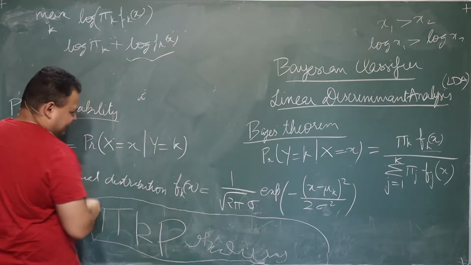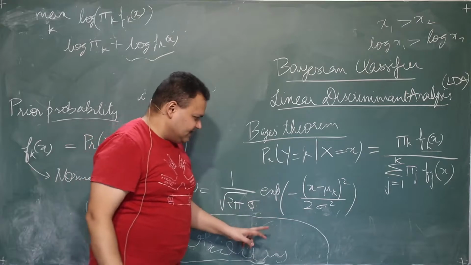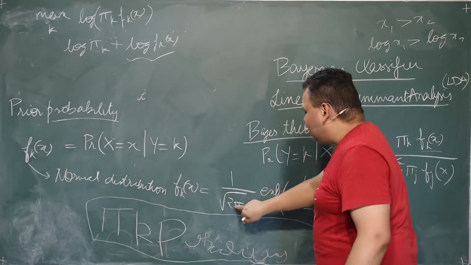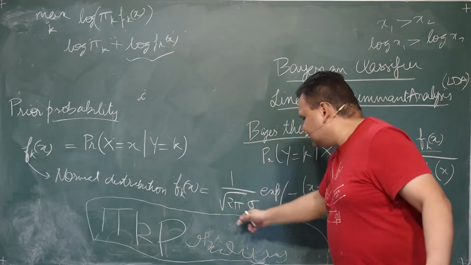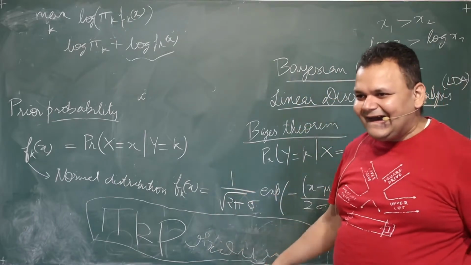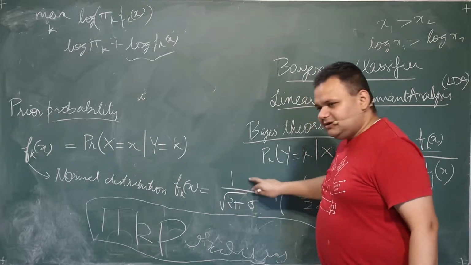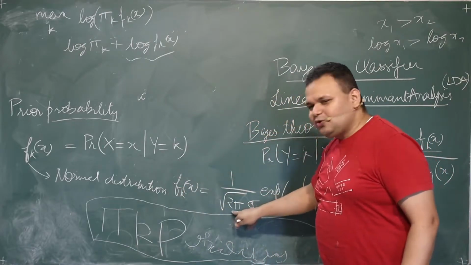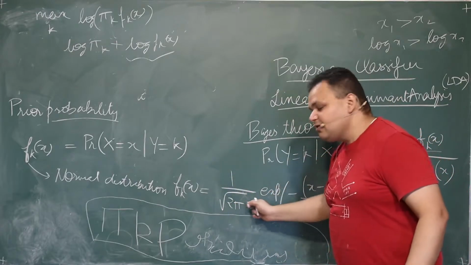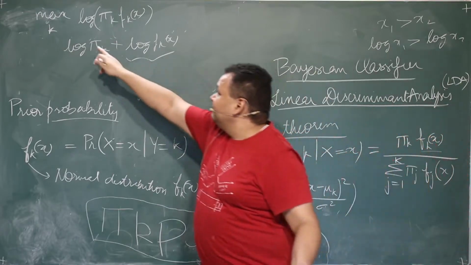Let us look at log f k x and take the log of this. Again, since 1 over root 2 pi sigma is the same in all of these, do we need to worry about that when we're talking about log f k x? No, sir, we don't have to worry about it because that is common in all the values of k.